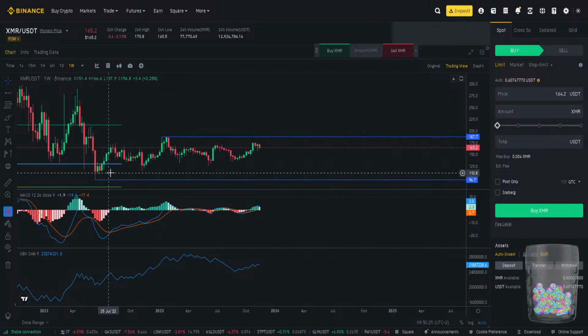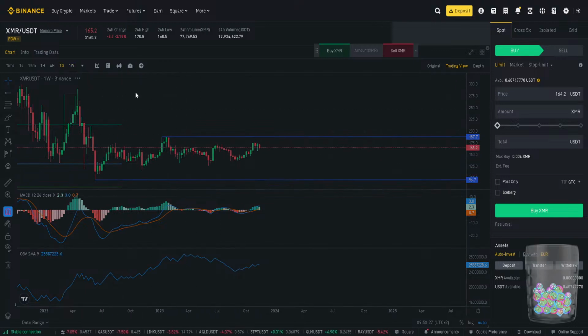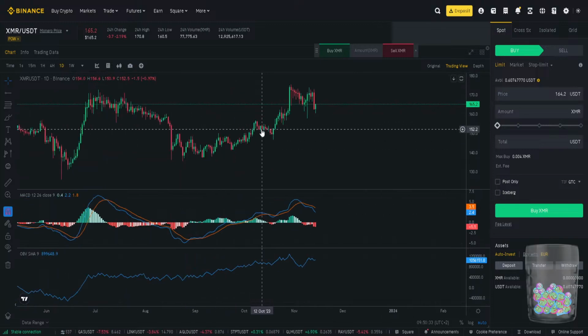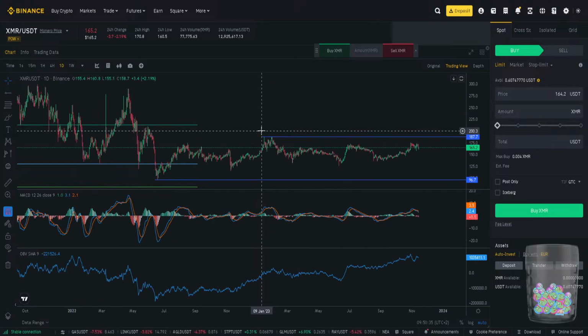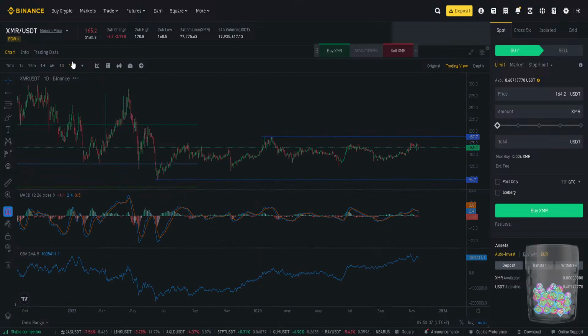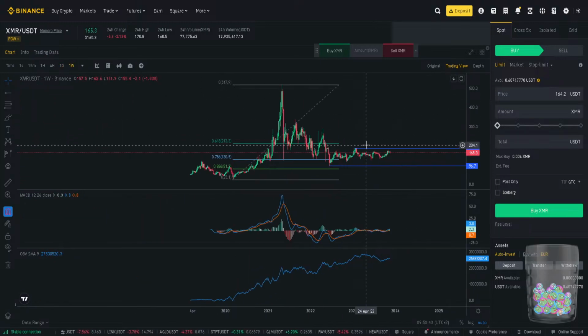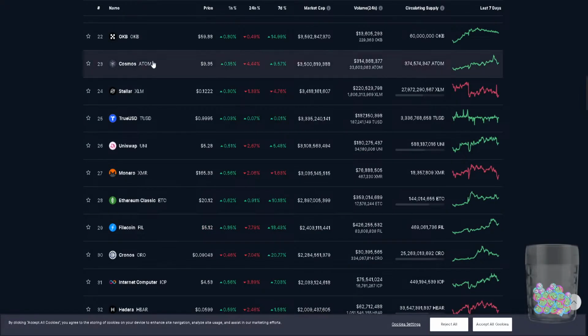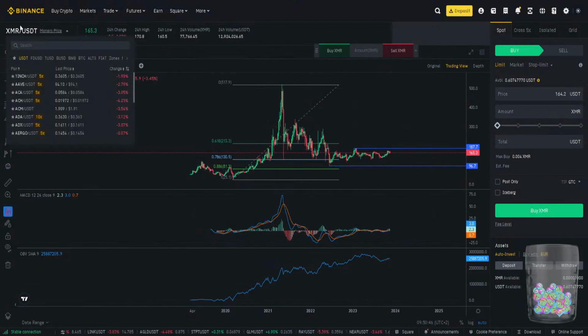It's good market structure as you've got these higher lows all the way down. I don't know if I'm interested in this coin. I mean, if you're gonna do a 2x, you'd be really lucky. So I'm just gonna go on to the next one.